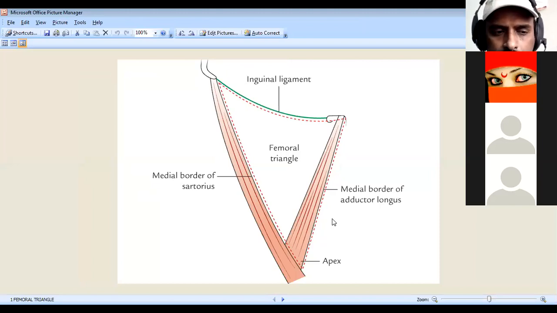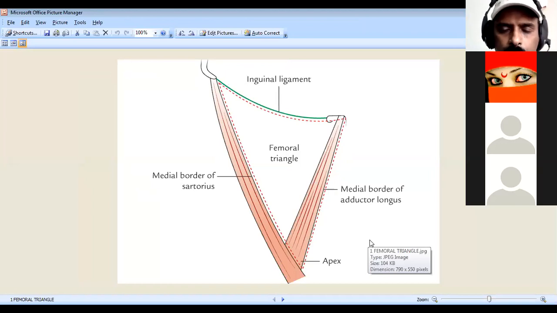A 2 marks question: name the boundaries of the femoral triangle. The base is formed by the inguinal ligament, laterally by the medial border of sartorius, and medially by the medial border of adductor longus. The apex is directed downwards.